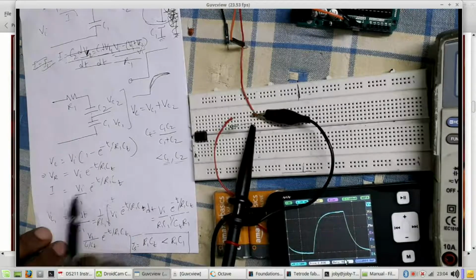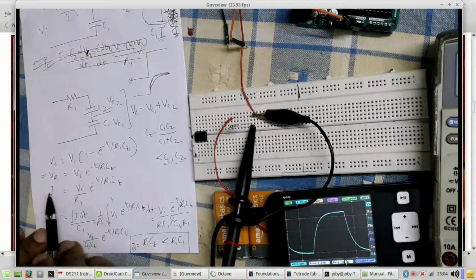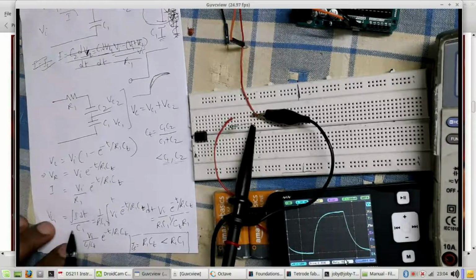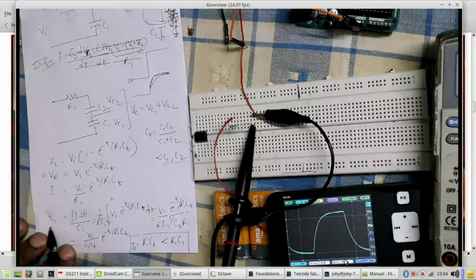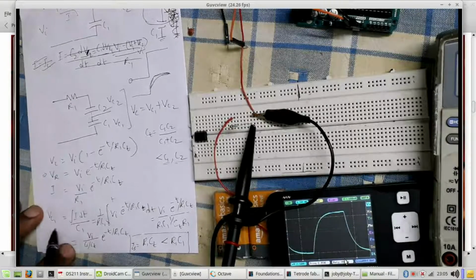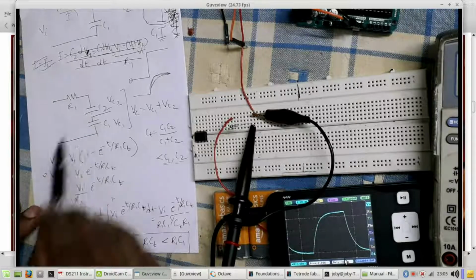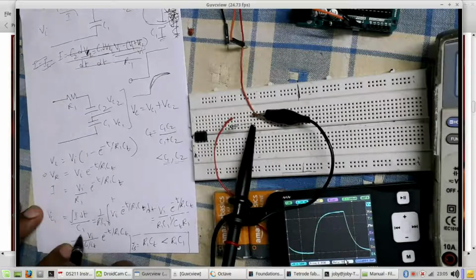Now if the I is this, then we can write down the integral for finding VC1, which is integrating I across the C1 alone, right? To get the charge, divided by C1 will give you the voltage across it. So VC1 is this. Of course, we can integrate that and we will get this form, right?